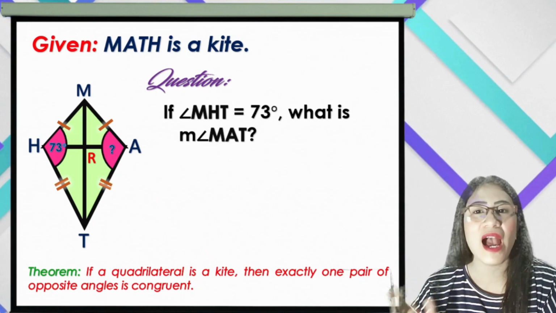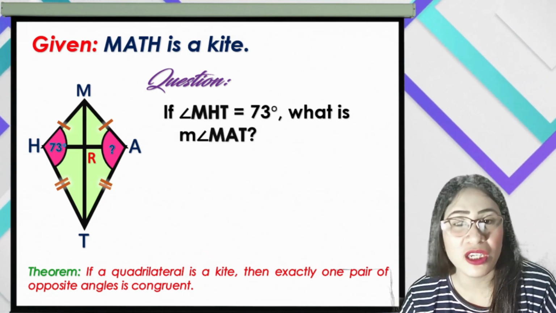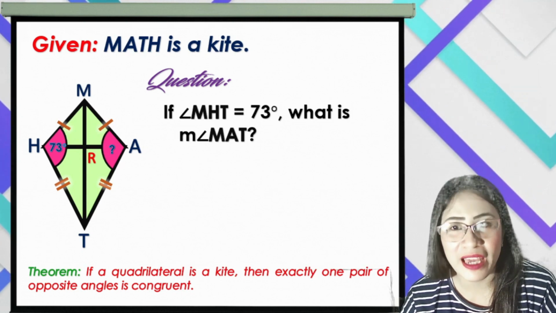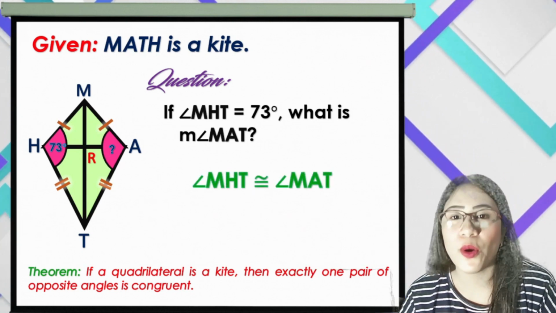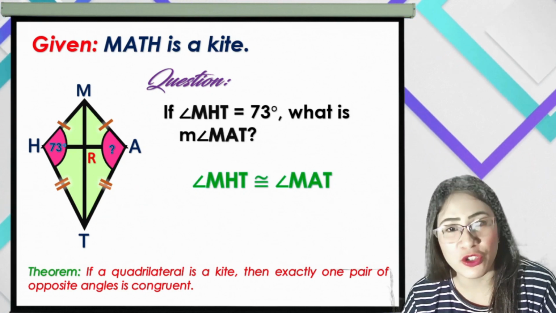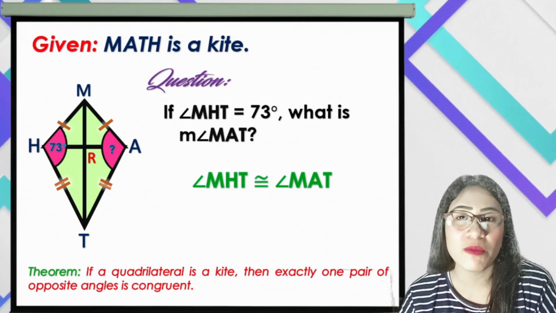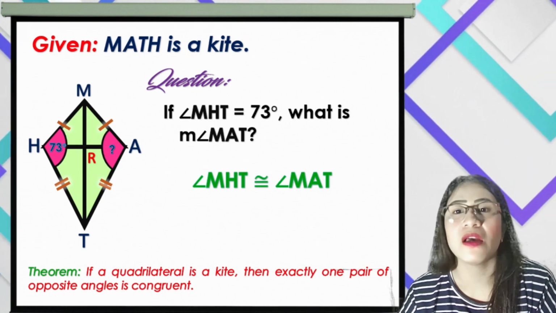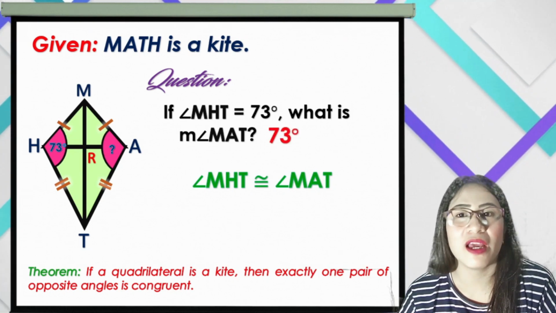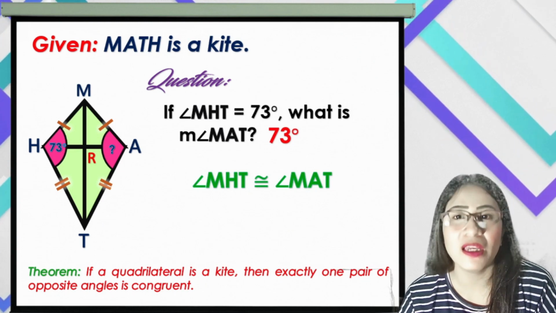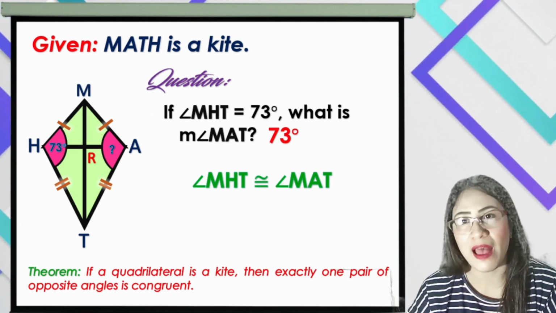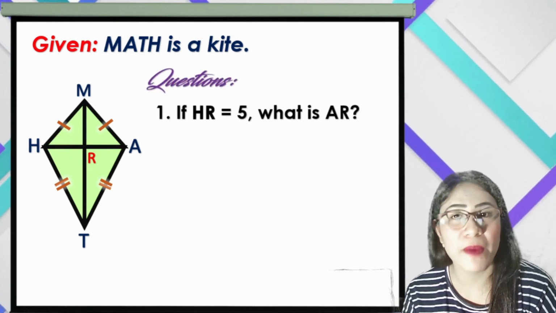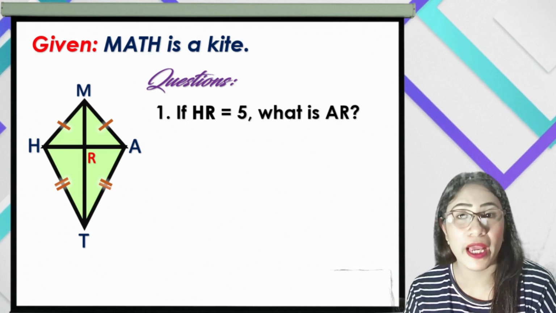Angle MHT and angle MAT are opposite angles. Therefore, they are congruent, or they have the same measurement. So, if the measurement of angle MHT is 73 degrees, the measurement of angle MAT is also 73 degrees. The same. Another question, if HR is 5, what is the measurement of AR?